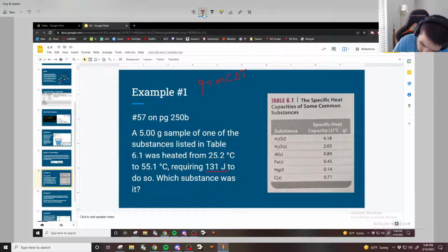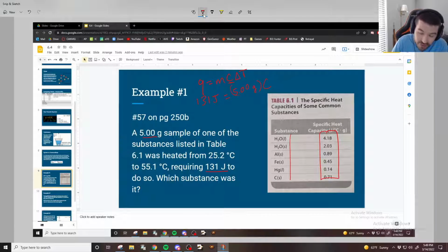That's 131 joules. m is the mass, 5 grams. If we can solve for the heat capacity, then we can compare the value that we get to the value over here in this table, and that should tell us which of these substances this is. So we're going to be solving for C.